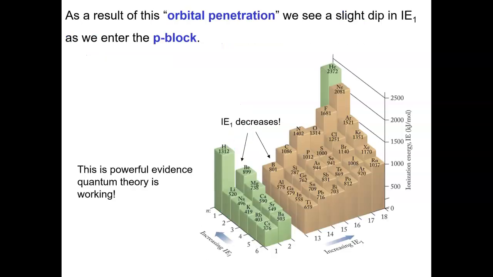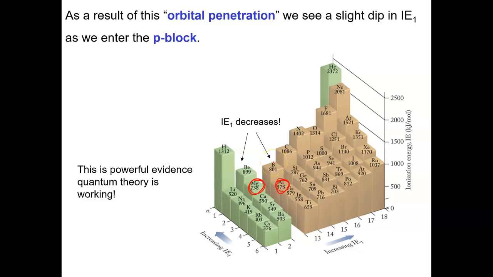So we see this when we look at ionization energy 1 as we move across period 2. What we see is that the IE1 for removing the first p electron is actually smaller than IE1 for removing the previous s electron. There's a little dip there, right?